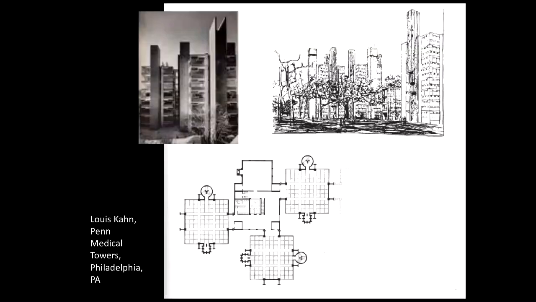So yeah. And just one thing also that I find interesting about this building, it's this idea of locating the services as a way to clear up the space for the program, which is not new. A certain precedent would be Louis Kahn's Penn Medical Towers in Philadelphia. They don't exist anymore, they've been torn down, but this is just an image of them.